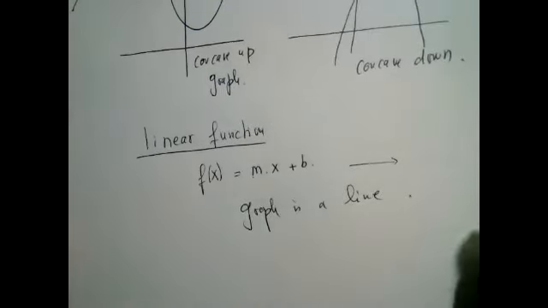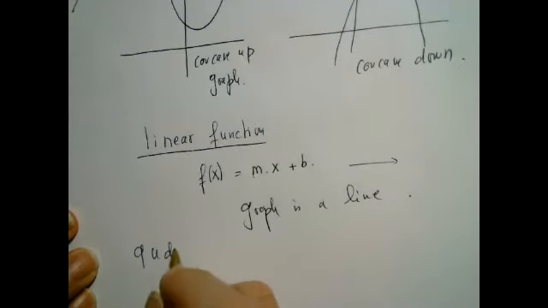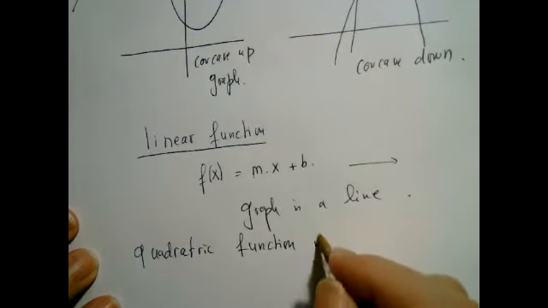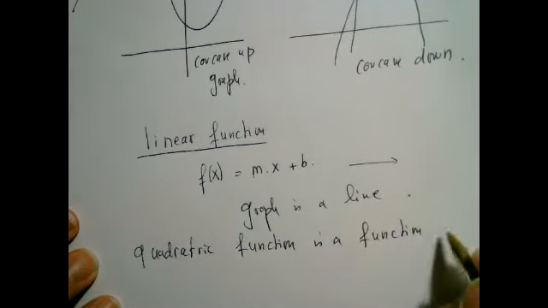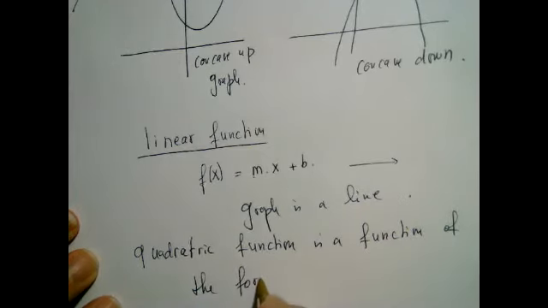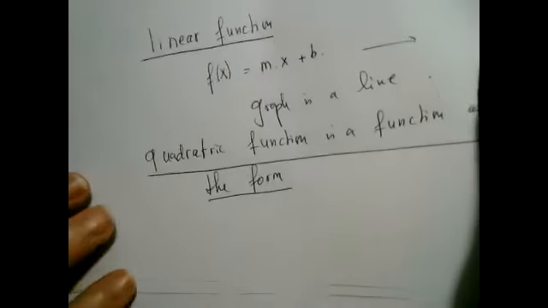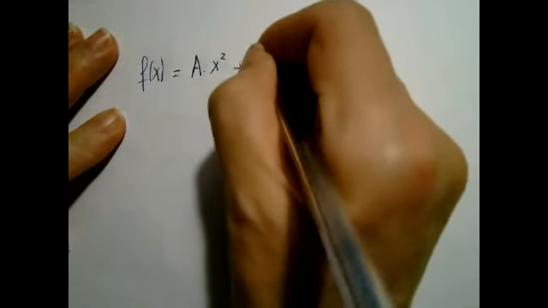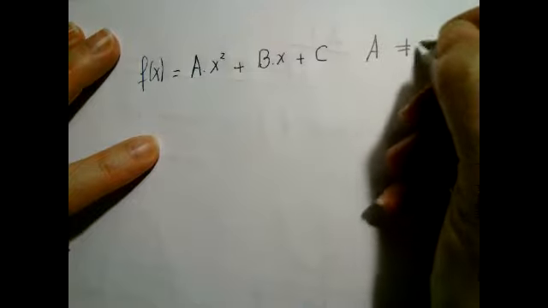Now, what is a quadratic function? A quadratic function is a function of the following form: f of x equals a constant a times x squared plus a constant b times x plus c, where a is different from 0.